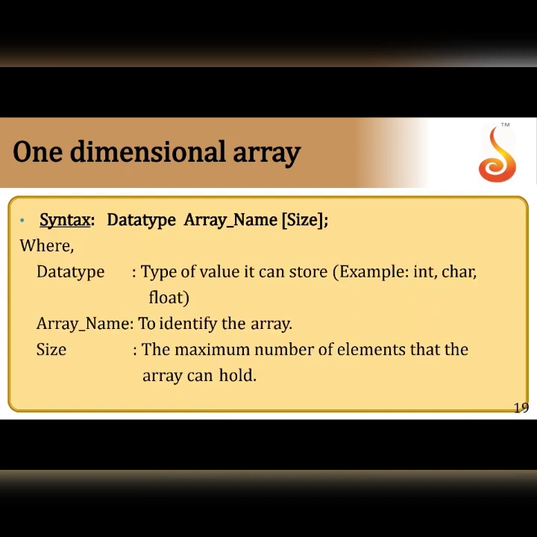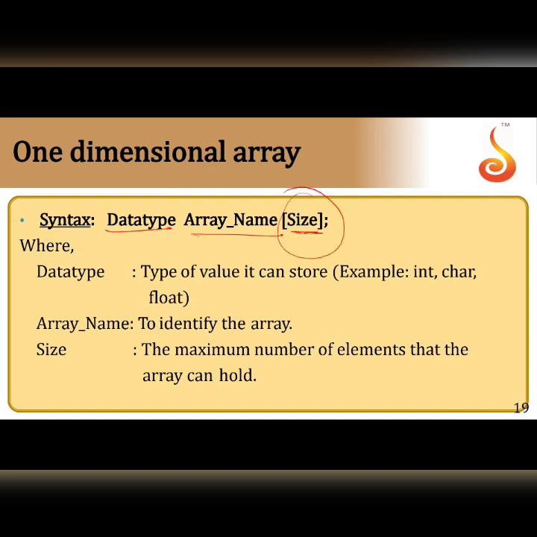Syntax of the one-dimensional array. The general syntax is data type, array name, and the size of the array. When I say size, I need to specify the maximum number of elements. The array need not have any elements, or it can have 0 to n minus 1 elements, but this is the maximum size of the array.